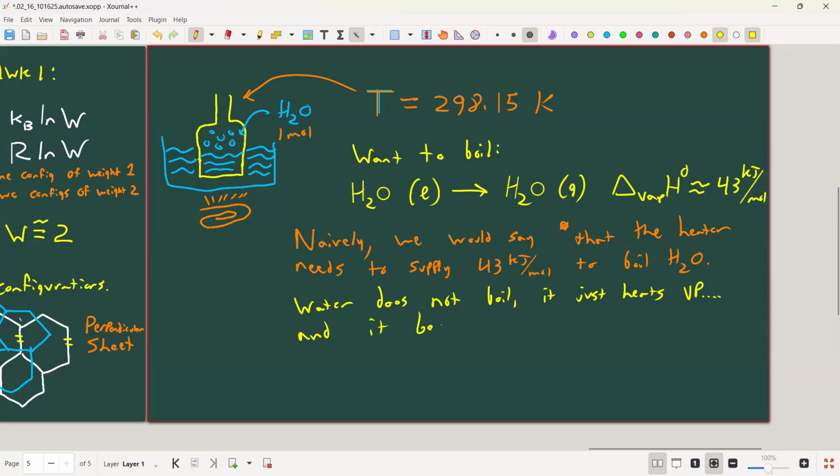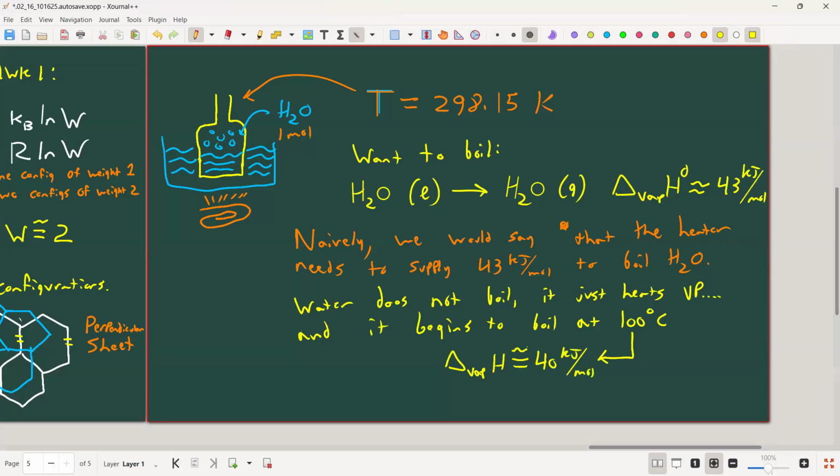And it begins to boil when? At 1 atmosphere, what's the boiling point of water? 373. Yeah, 373. So it boils at 100 C. And at 100 C, just like Angie just said, the enthalpy of vaporization is 40 kilojoules per mole roughly.